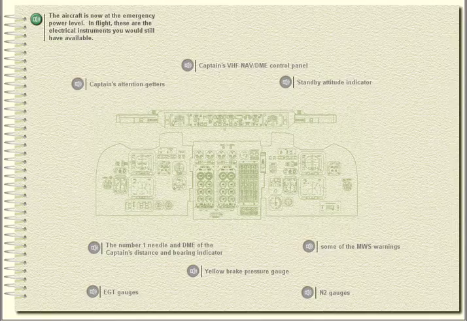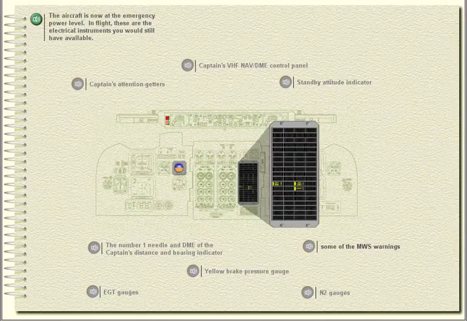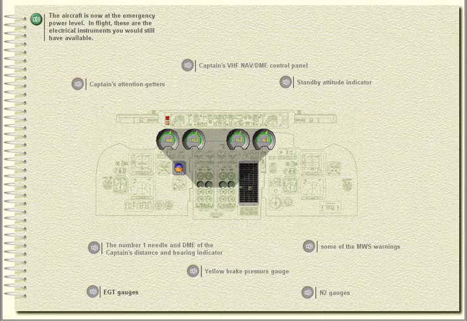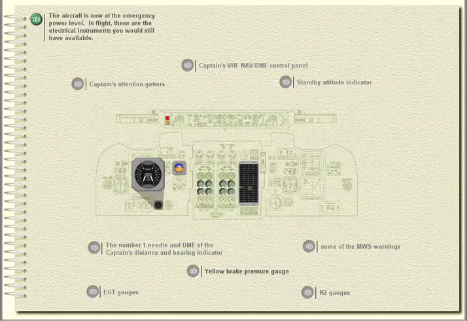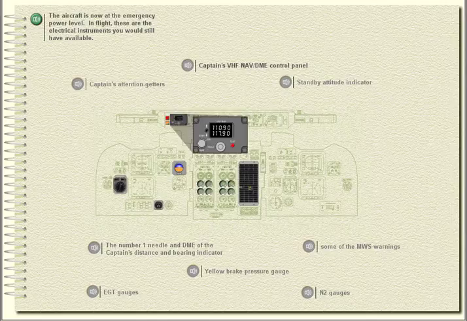In flight, these are the electrical instruments you would still have available: the standby attitude indicator, the captain's attention getters, some of the MWS warnings, the EGT gauges, the N2 gauges, the yellow brake pressure gauge, the number 1 needle and DME of the captain's distance and bearing indicator, the captain's VHF navigation and DME control panel.